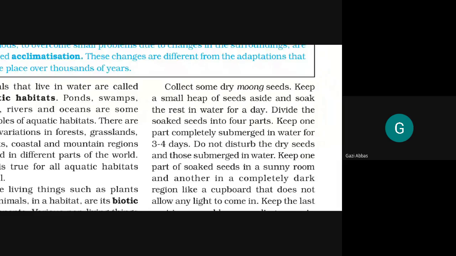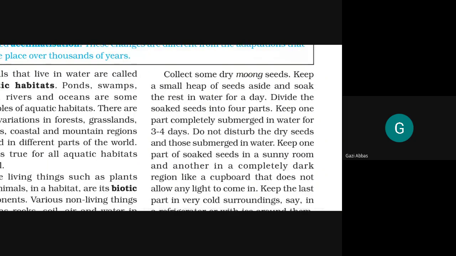Keep one part completely submerged in water for 3-4 days. Do not disturb the dry seeds and those submerged in water.